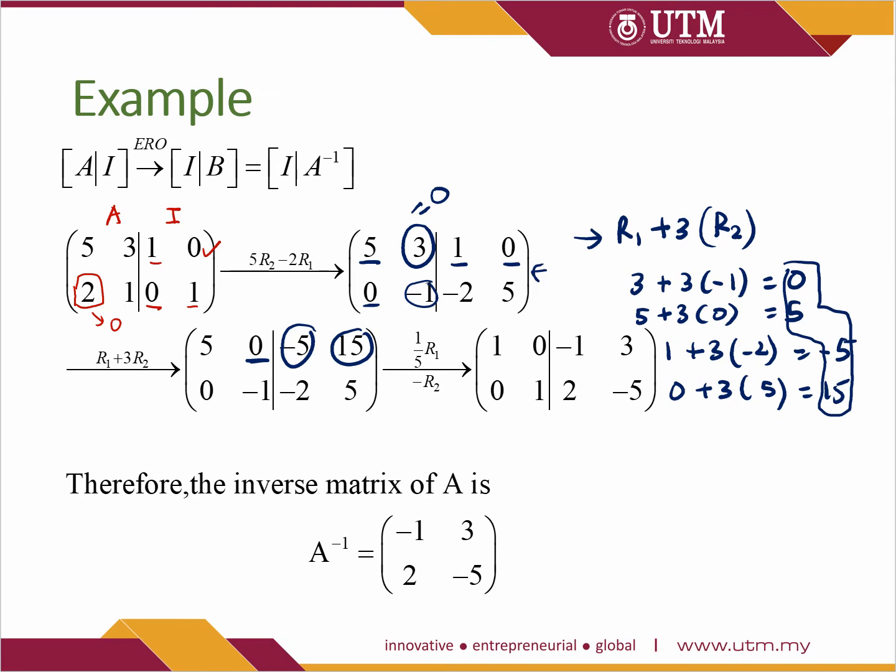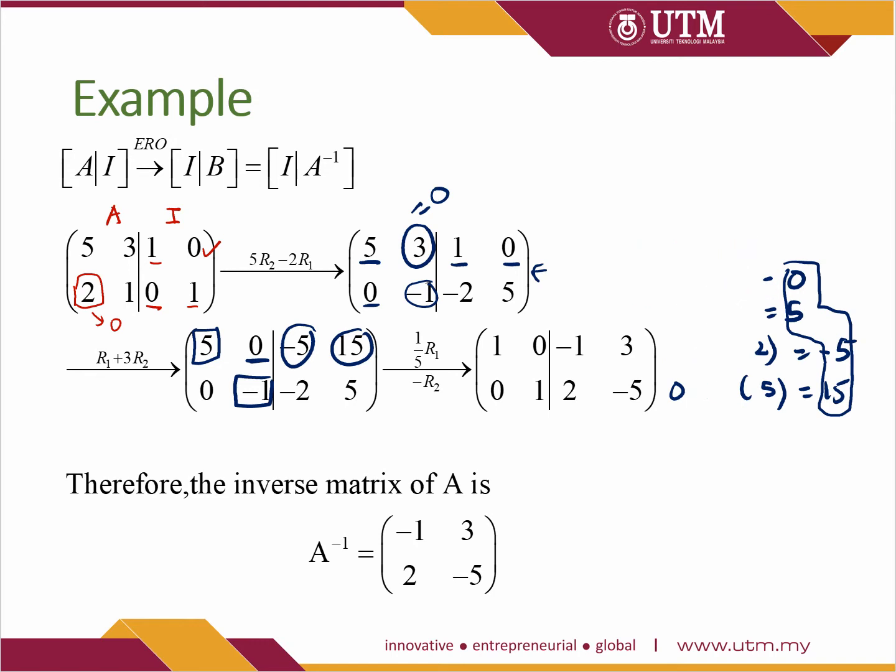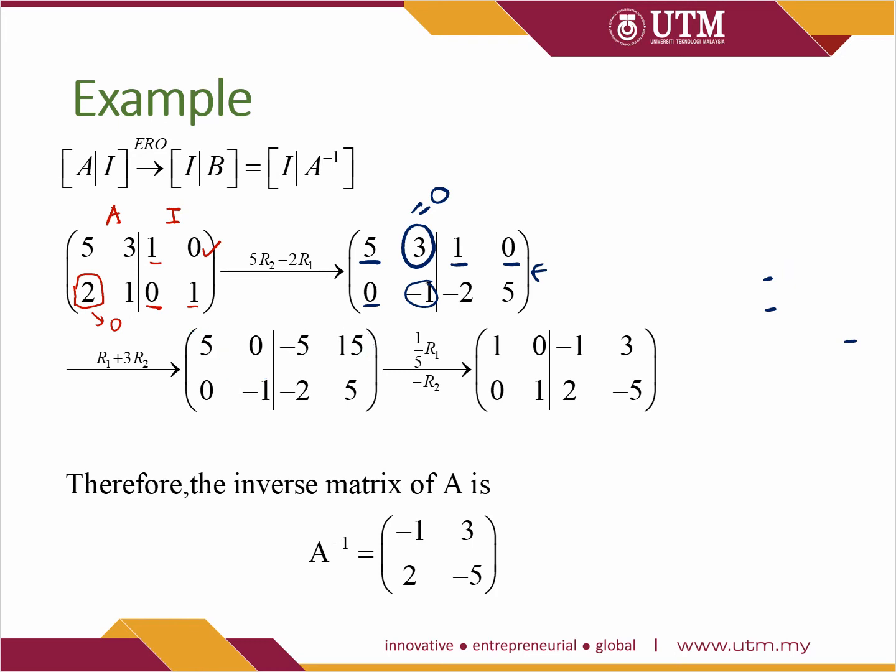The last step is that we want to make sure that this diagonal element is equal to 1. So in order to do this, we divide the first row by 5 and we get 1, 0, minus 5 divided by 5 will be negative 1, 15 divided by 5 will be 3.